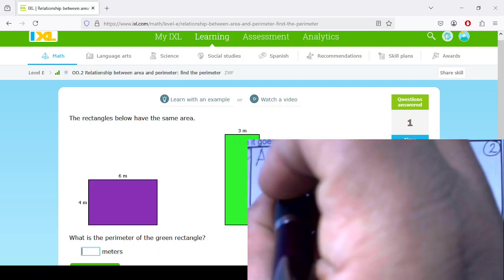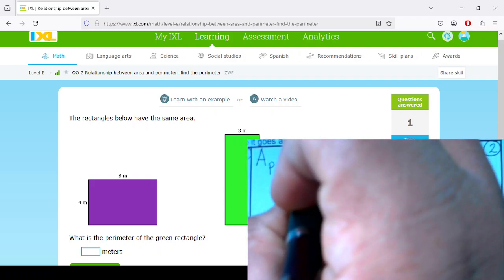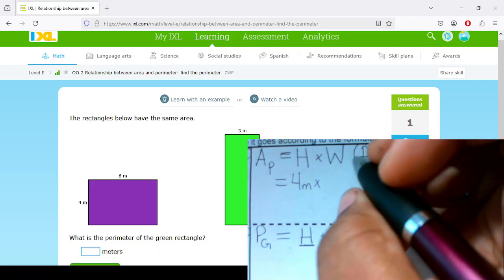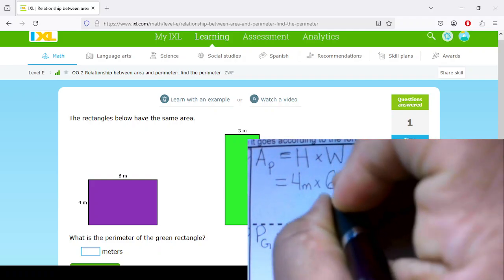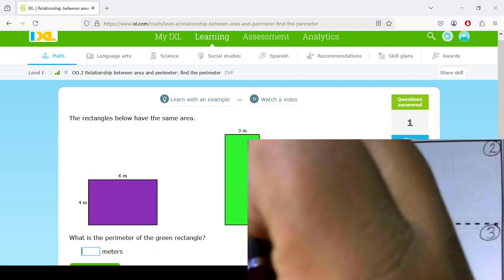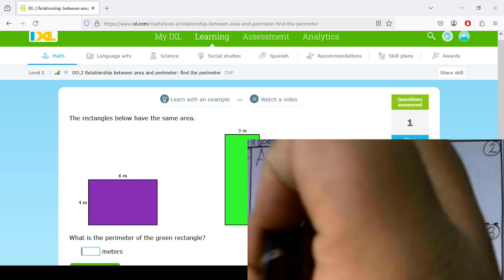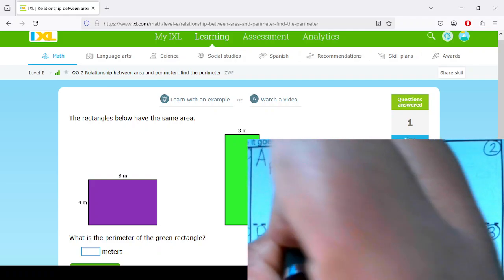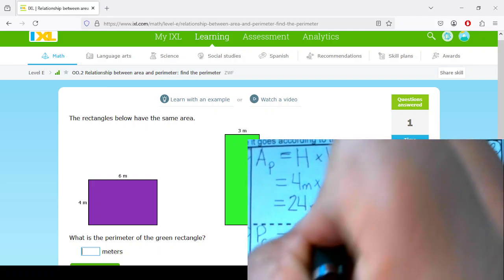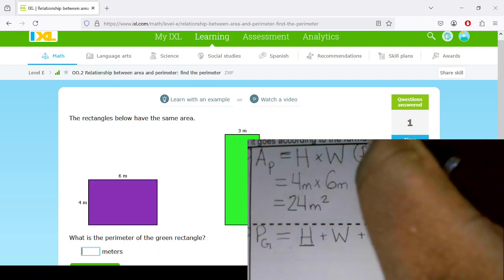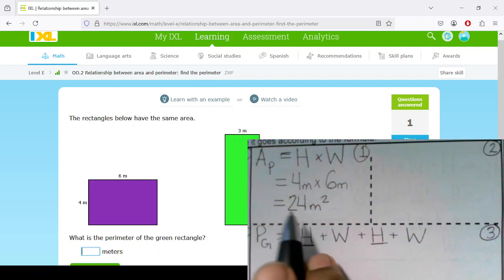That purple rectangle is 4 meters high, and that purple rectangle is 6 meters wide. 4 times 6 I know is 24, so that's 24 square meters. So I've used the information I was given.